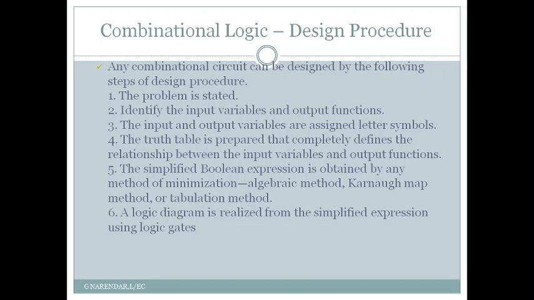So now from the truth table, for each of the functions that are specified in the truth table, obtain a simplified Boolean expression. We already said that for a combinational logic, the output function can be expressed as a Boolean expression consisting of the input variables.